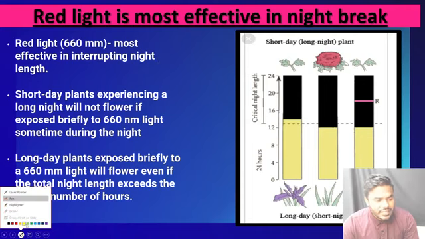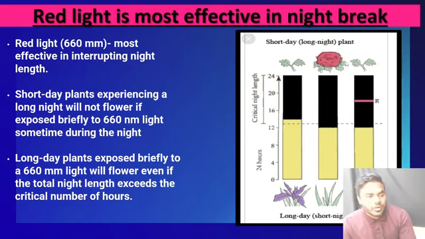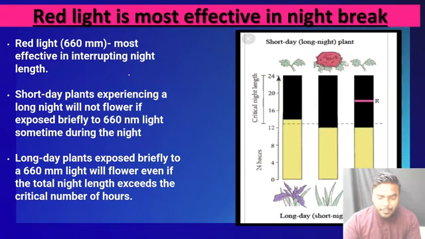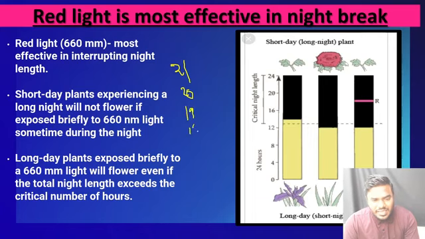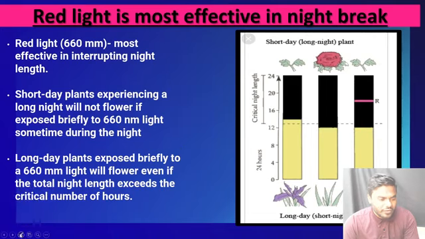Today evening, there is a little concept of photoperiodism left. It will just take 20-25 minutes. I'll finish it. After that, I want to solve all the CSIR papers, especially 21, 20, 19, 18. At least I want to solve all these papers in front of you.